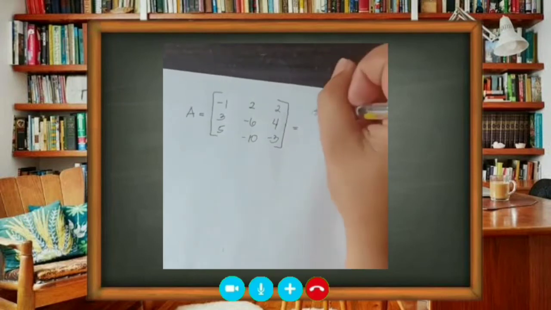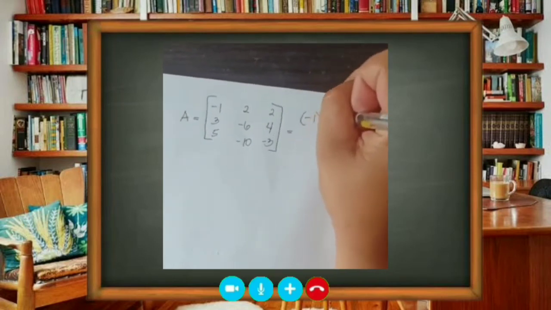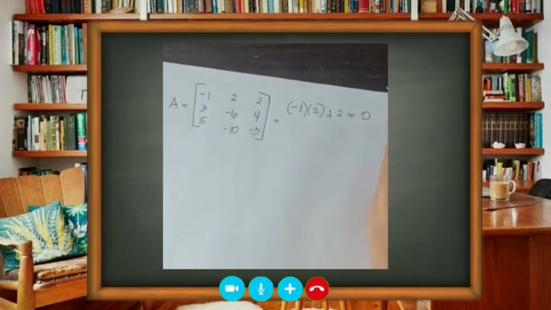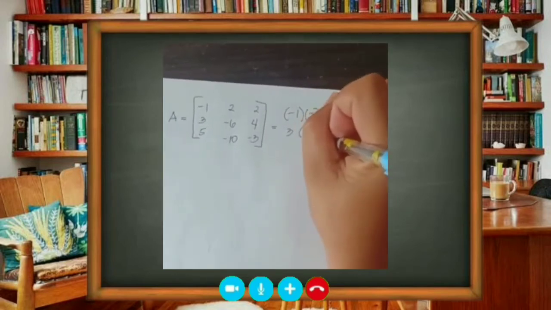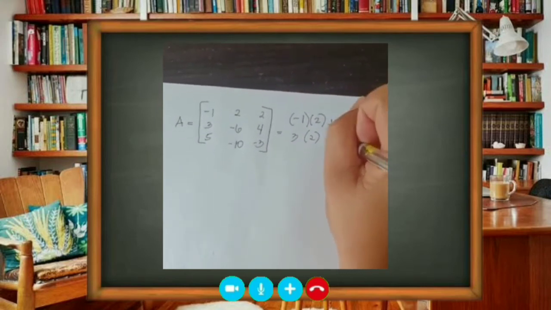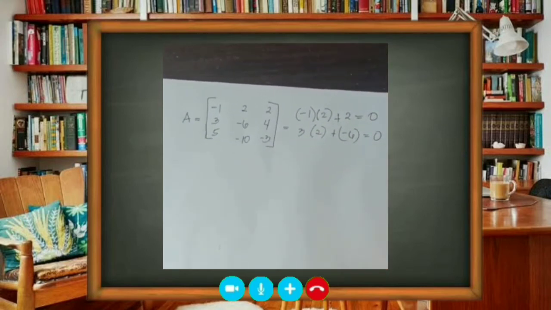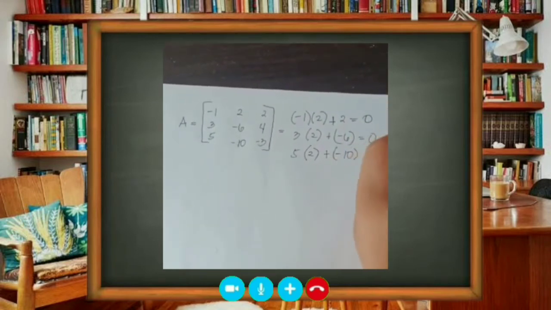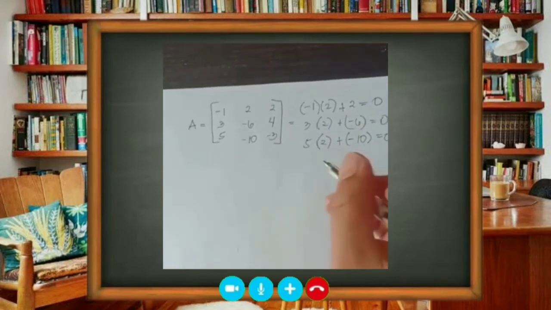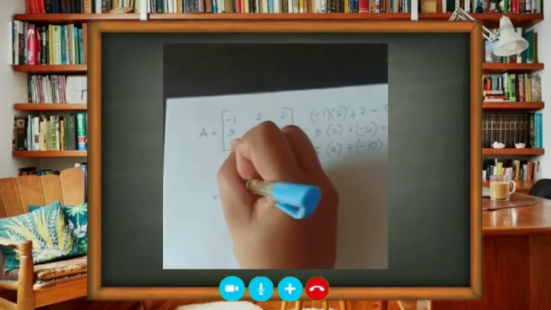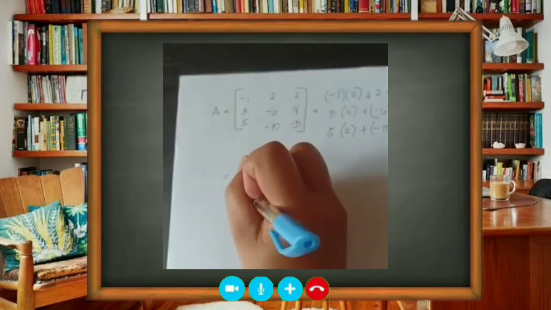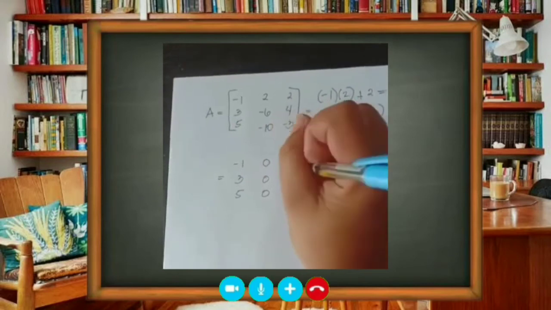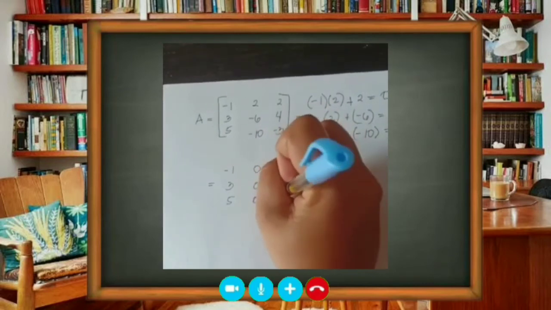It is equal to negative 1 times 2 plus 2 is equal to 0. Next is 3 times 2 plus negative 6 is equal to 0. And 5 times 2 plus negative 10 is equal to 0. So we now have matrix A equal to negative 1, 3, 5; the second column is the column of zeros, 0, 0, 0; and 2, 4, negative 3.